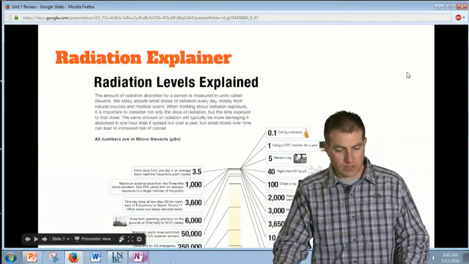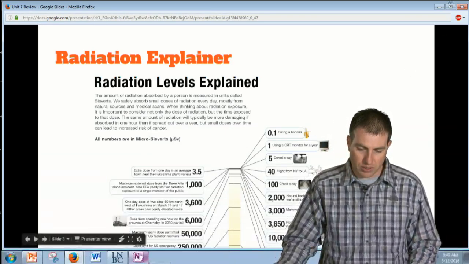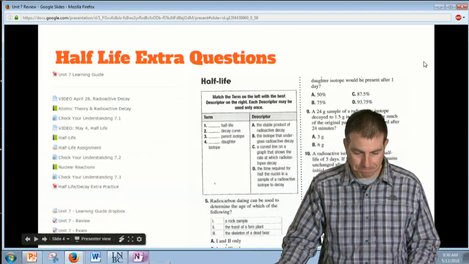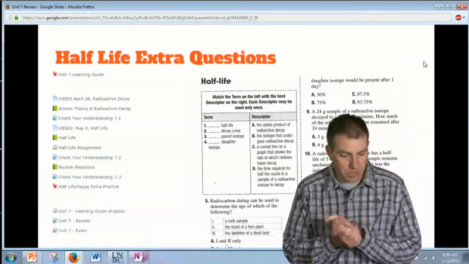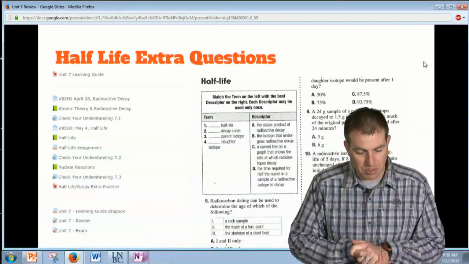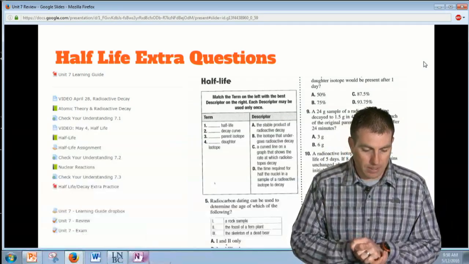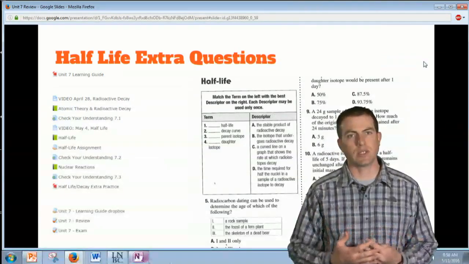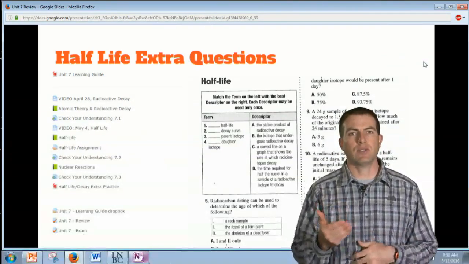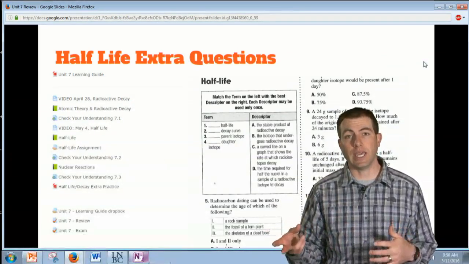There you go. So that's kind of radiation that you get exposed to on a somewhat regular basis. All right, I want to go through a few of these questions, and instead of me doing them all, I'm going to get you guys to do a few of them, and then we'll talk about it a little bit. So this again, the whole sheet, there's 2 sheets, kind of like a little quiz. The first half's on half-life, the second half's on nuclear decay equations.